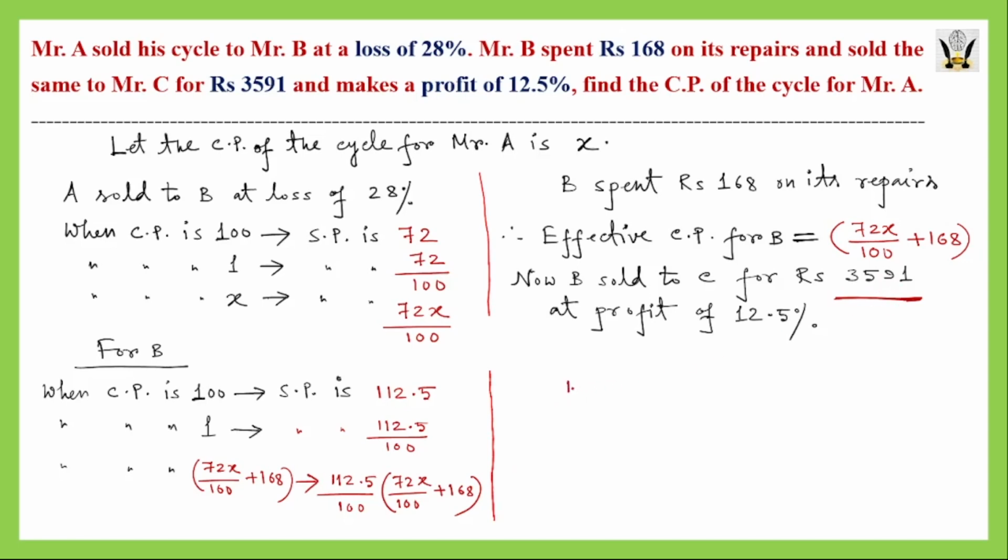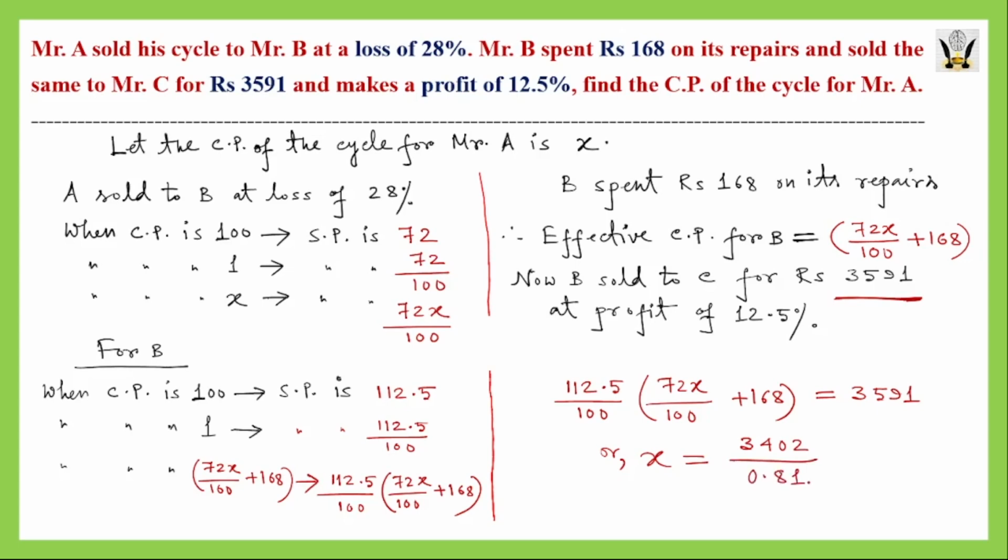So we can write, now this is a linear equation of this variable x. So if we simplify further, then we can easily find the value of x, and that will finally be 3402 divided by 0.81, and that value finally will come as 4200 or rupees 4200.